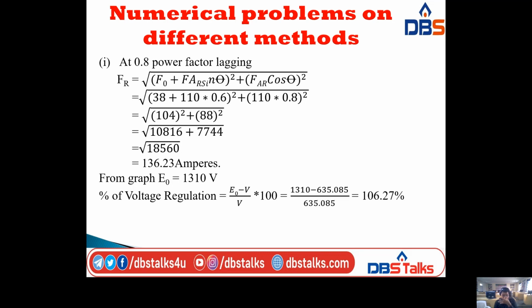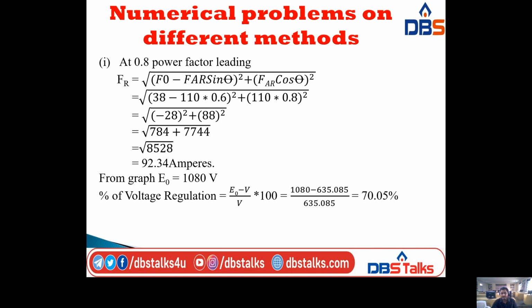Okay. Next, we have to calculate the percentage of voltage regulation for 0.8 power factor leading. For that I am taking the same formula, but the change is in the lagging power factor. For the 0.8 power factor lagging, FR is equal to root of (F naught plus FAR sin phi) whole square plus (FAR cos phi) whole square.